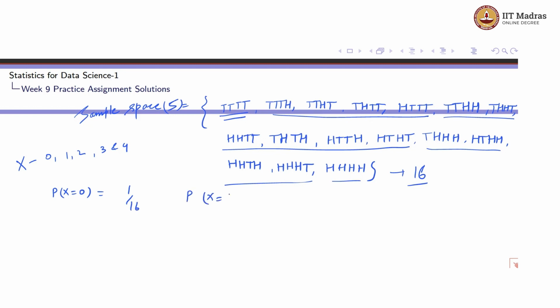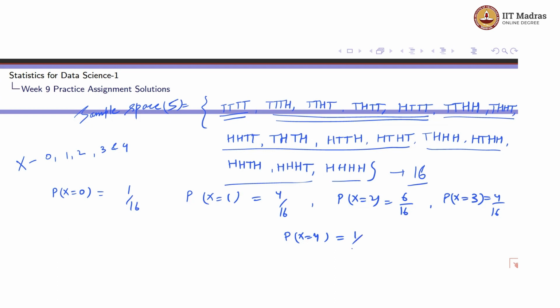When number of heads is 1, how many elements do we have? We have 4, so 4 by 16. 2 heads: 1, 2, 3, 4, 5, 6, we have 6 by 16. 3 heads: we have 1, 2, 3, 4, so 4 by 16. And 4 heads is nothing but 1 by 16.